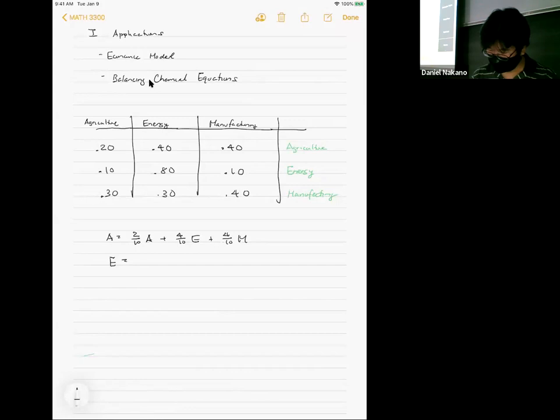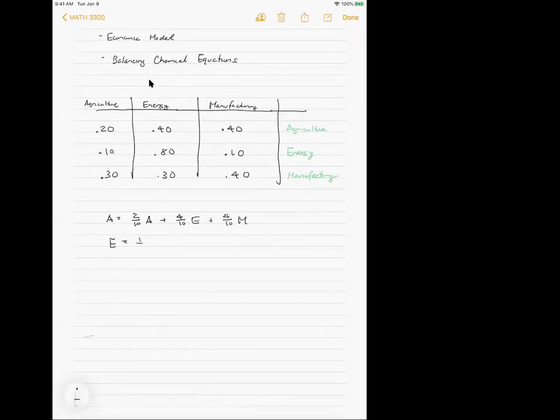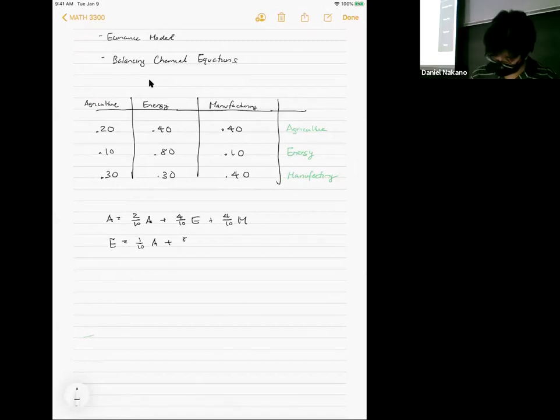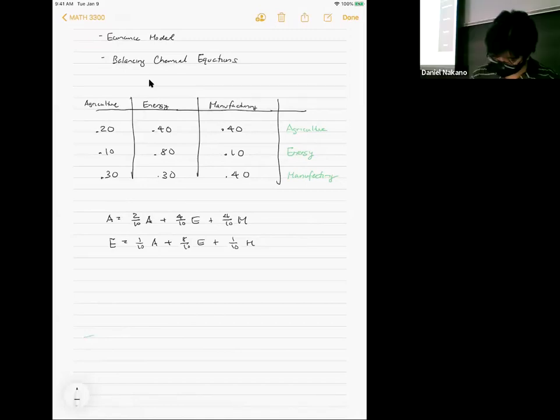How much of agriculture? 1/10. Good. And then energy will be 8/10, and how much manufacturing? 1/10. Similarly, manufacturing is 3/10 agriculture, 3/10 energy, and 4/10 manufacturing.